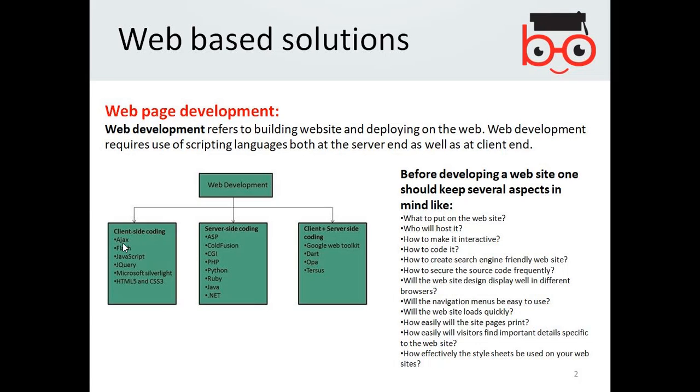They are the client-side coding. Server-side coding is ASP, ColdFusion, CGI, PHP, Python, Ruby, Java, .NET. For both client and server side, the coding could be done in Google Web Toolkit, Dart, Opa, Ur/Web.